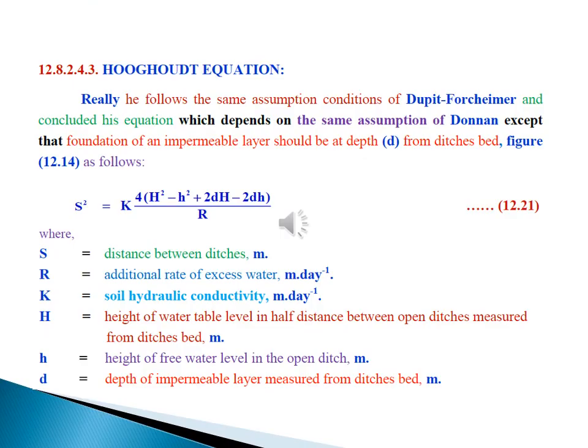Hooghoudt equation. Indeed, he follows the same Dupuit-Forchheimer assumption conditions also, and concluded his equation depending on the same assumptions as Donnan, except that the foundation of an impermeable layer should be at depth d from the ditch bottom, as shown in the enclosed figure.